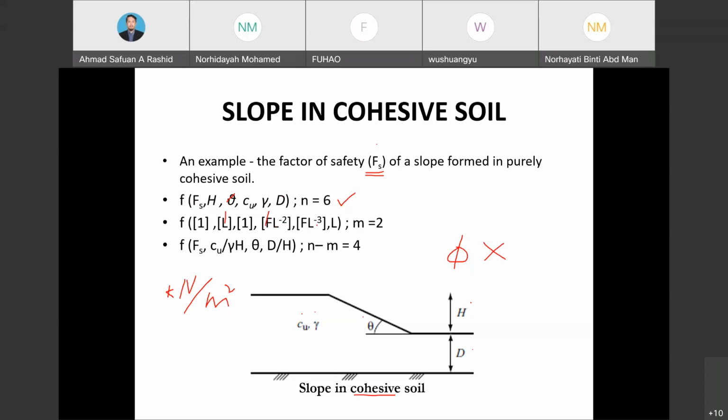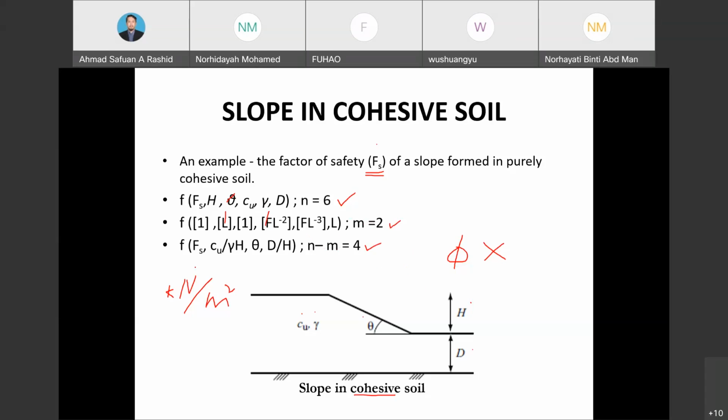As I told you, the maximum can go to 3 and the minimum can go to 2. So we have m equal to 2. So 6 minus 2 will be equal to 4, so we need to derive 4 dimensionless equations.